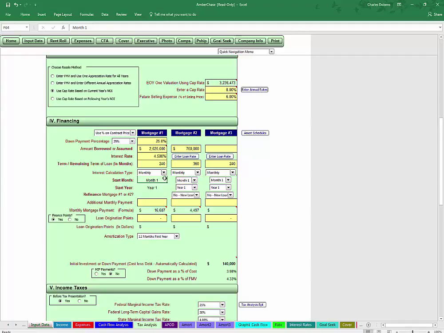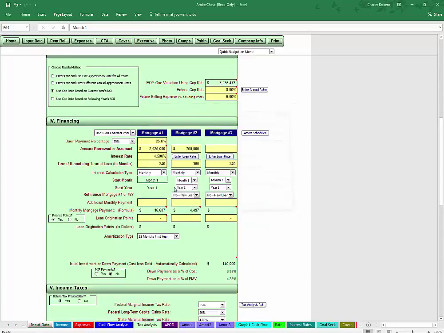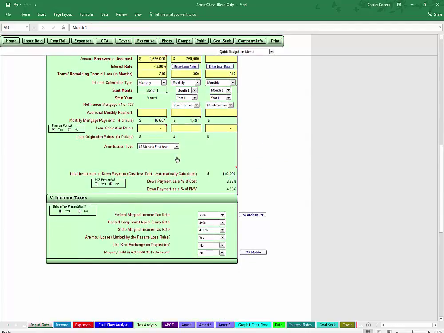This is a stronger asset, and it'll allow you to sleep better at night. We will be able to know this as soon as I jump over to the cash flow analysis page and we look at the debt coverage ratio, and see how this property compares under these terms. I hate that message. Okay. So that's all we do on this particular page.